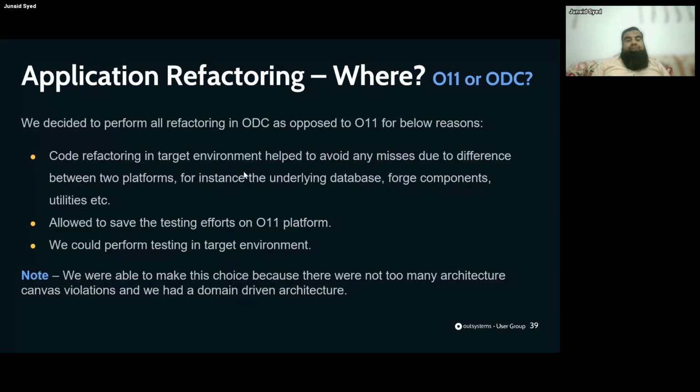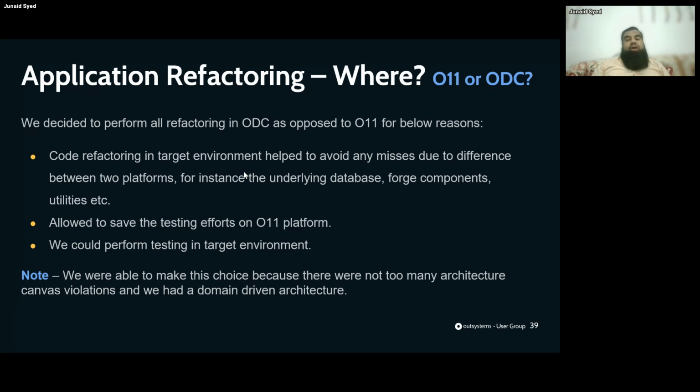So this I explained already. Why did we want to keep the registration in O11 itself? Yeah, and then the reason why application refactoring we wanted to do right now, where we perform that refactoring.